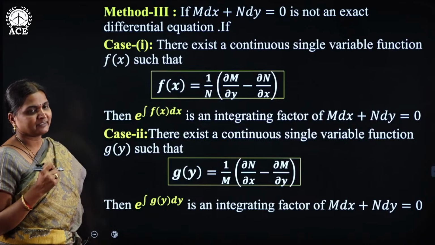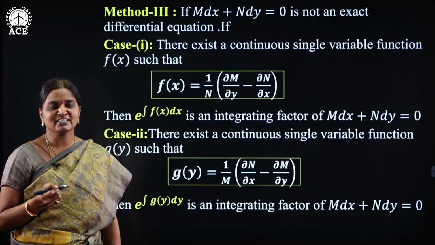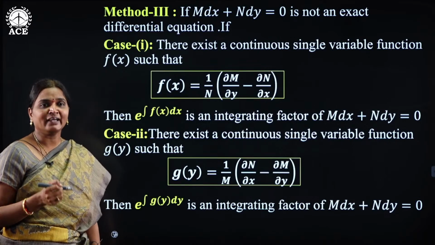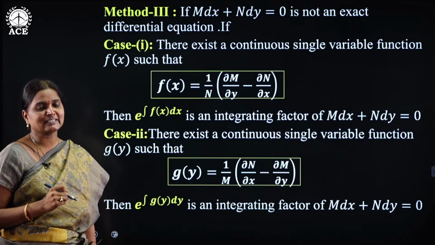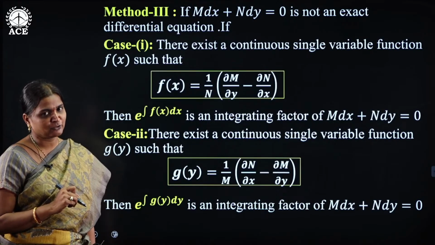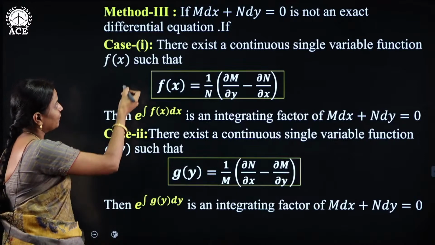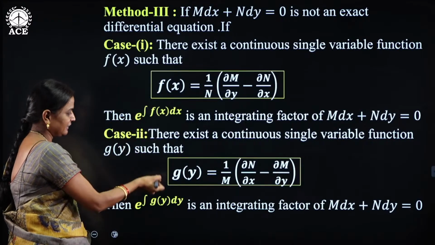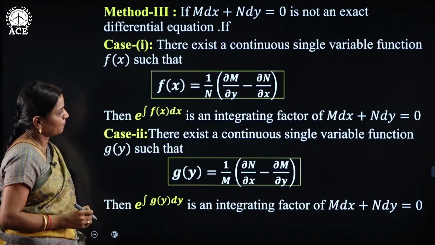We apply this method if the given differential equation is not homogeneous and not in the form of y into function of xy into dx plus x into function of xy into dy equal to 0. Apply this third method one by one. So if the first case fails, then apply the second case.